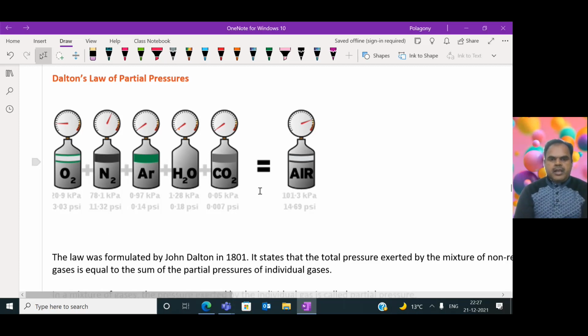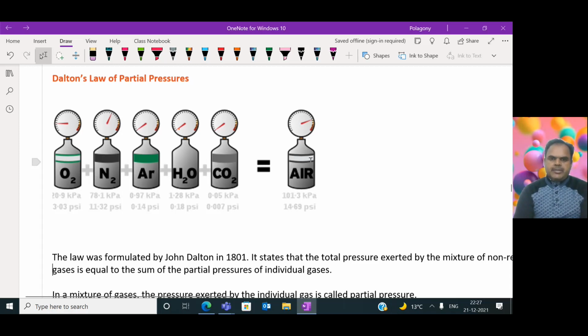And there is another cylinder containing air, a mixture of non-reacting gases. A mixture of all these gases, oxygen, nitrogen, argon, water vapor, carbon dioxide, is present in this cylinder. And look at this gas pressure reading, it is more. That means the air pressure is greater than the individual gas partial pressures.